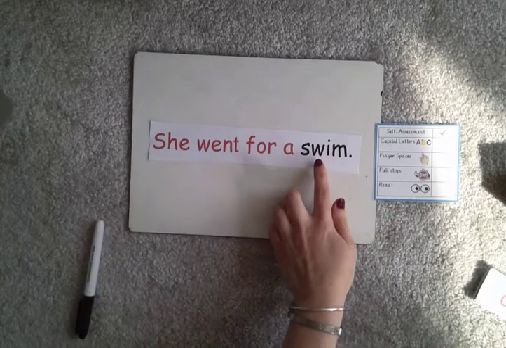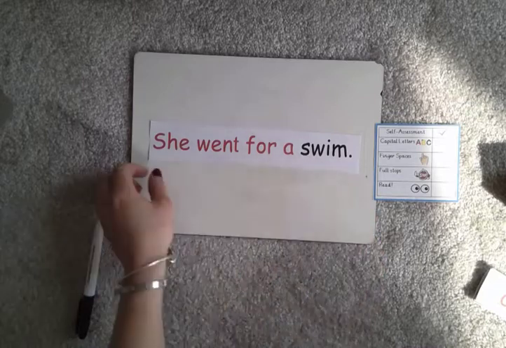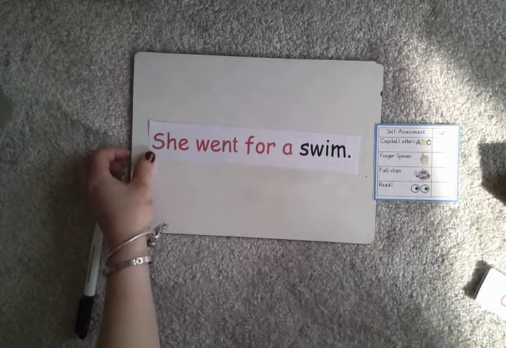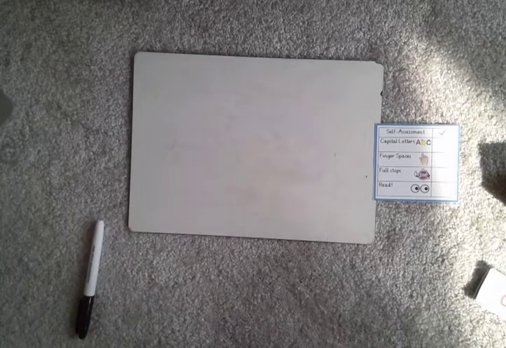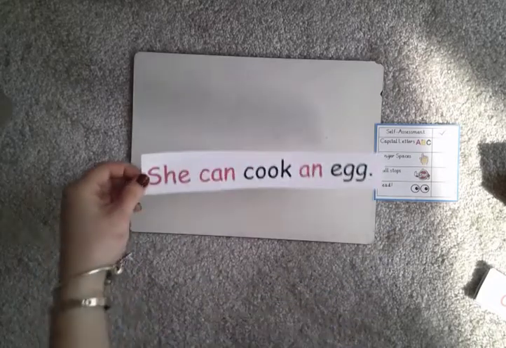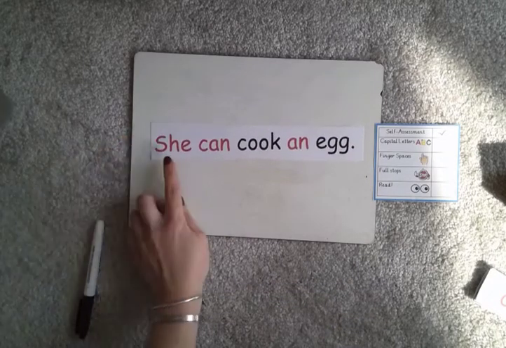And last one. She can cook an egg. She can cook a book. And egg. Notice the diagram.